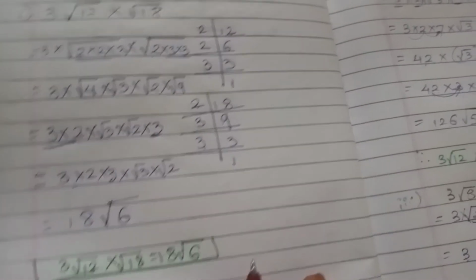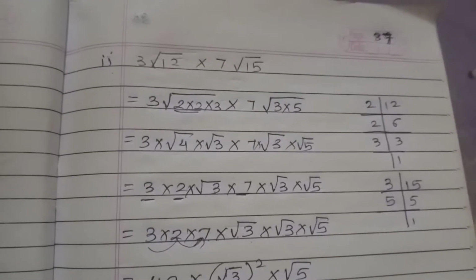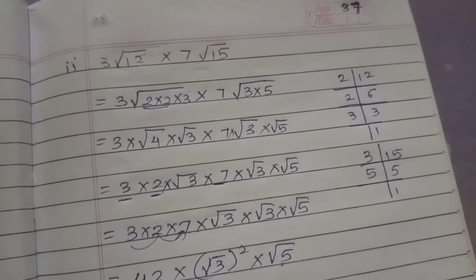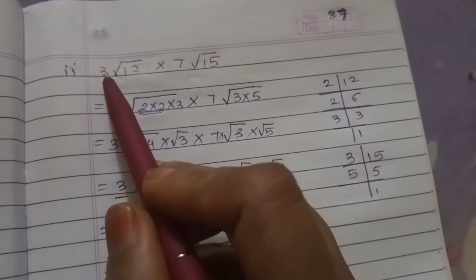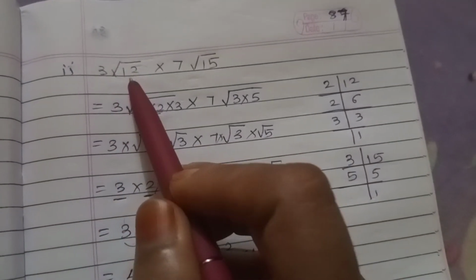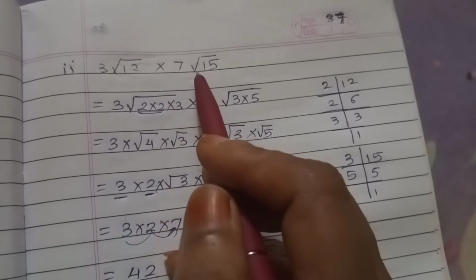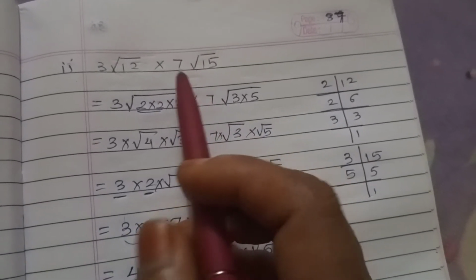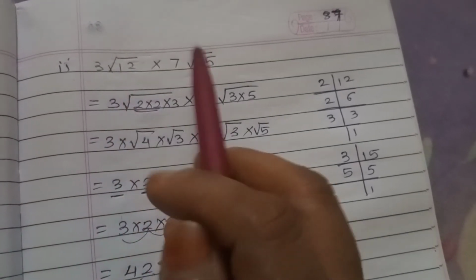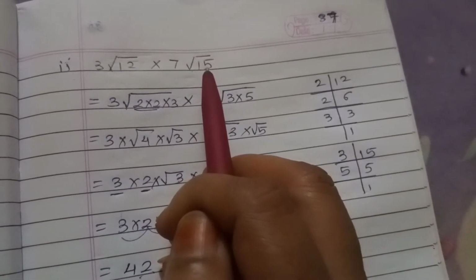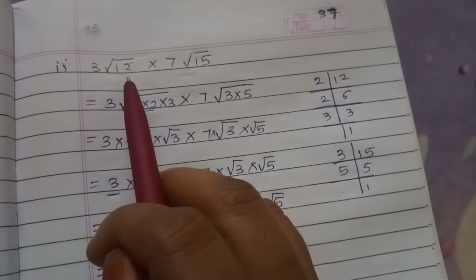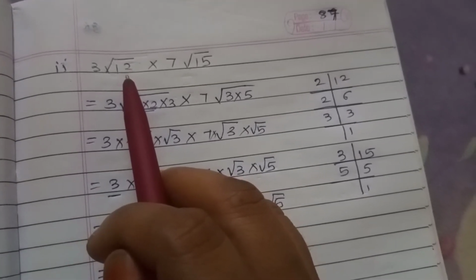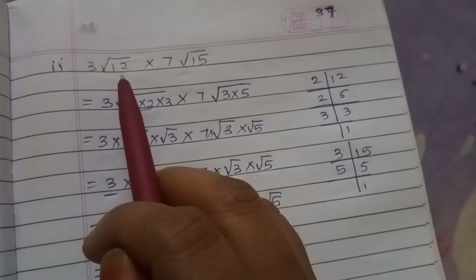We will see the second question. The second question is 3 into root 12 multiplied by 7 into root 15. Same way again, to bring it to the simplest form we will find the factors of 12 and the factors of 15. The factors of 12 we have already found in the first sum.